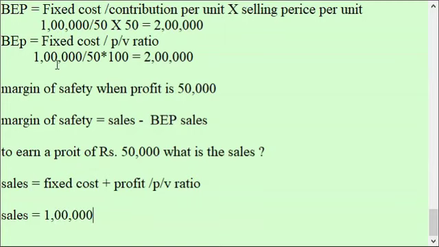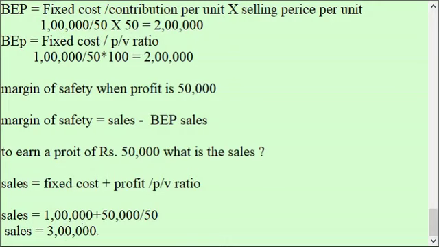Here they have given 1 lakh plus the profit of 50,000. PV ratio is 50%. So 1,50,000 divided by 50 into 100, so that will give an answer of 3 lakh rupees. So sales is equal to 3 lakh rupees.